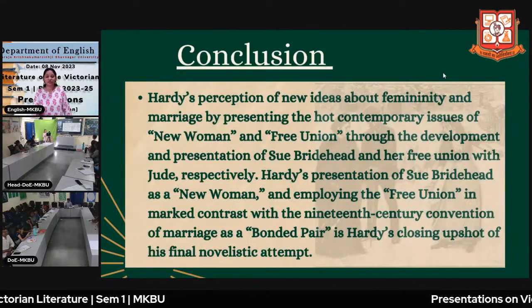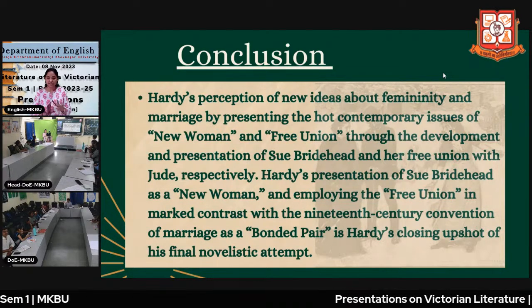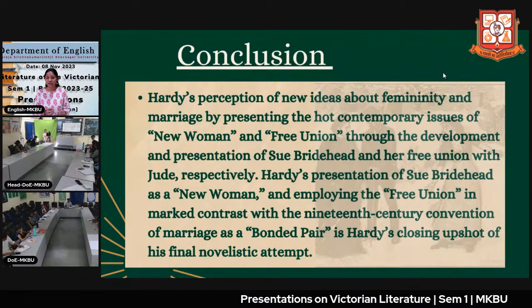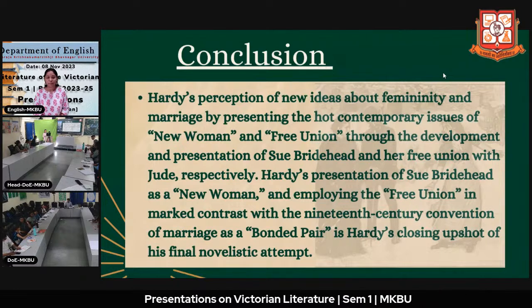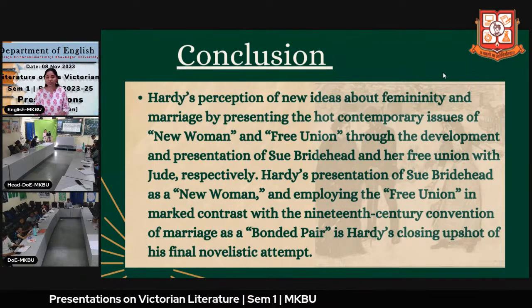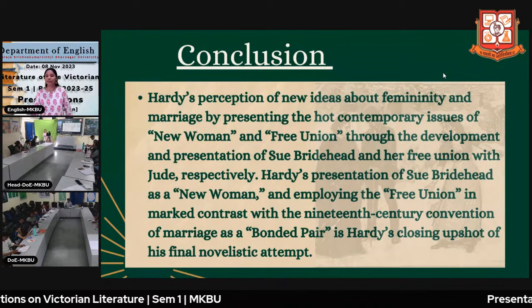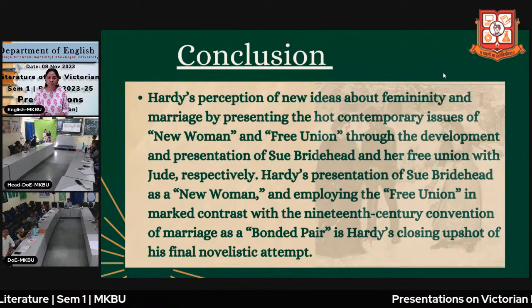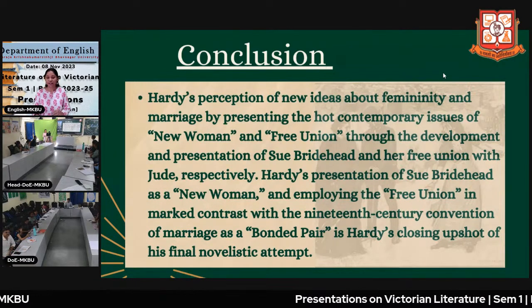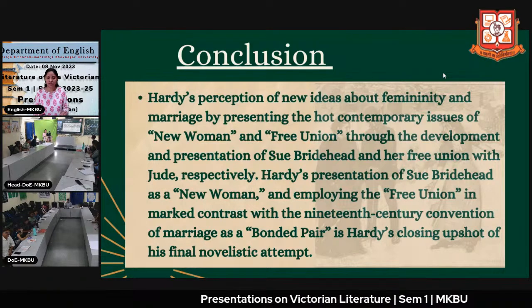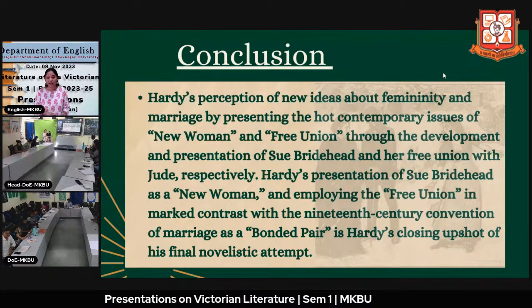So, to conclude, Hardy presents a new idea about femininity and marriage by presenting the hot contemporary issues of the new woman and free union through the development and presentation of Sue Bridehead and her free union with Jude, respectively.